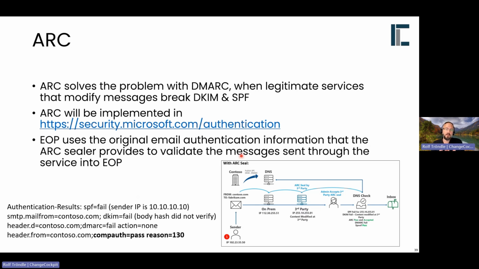So we would look at this message like we are the intermediary, and therefore we would see valid DKIM and valid SPF records in there. So the ARC sealer provides all what we need to validate when it comes into EOP.